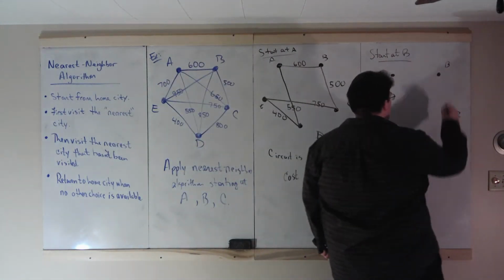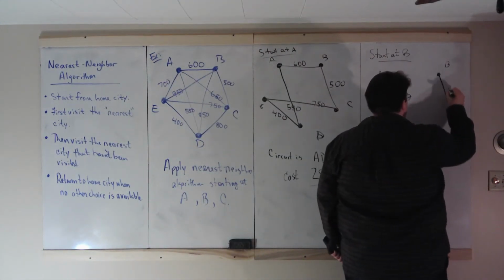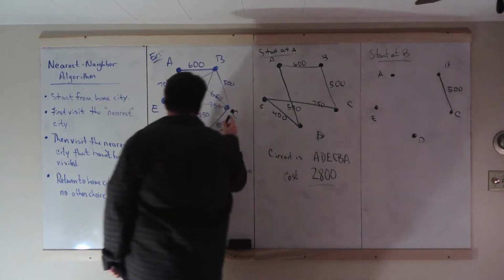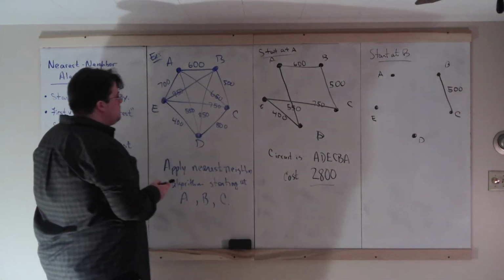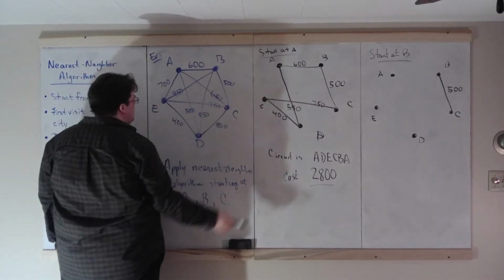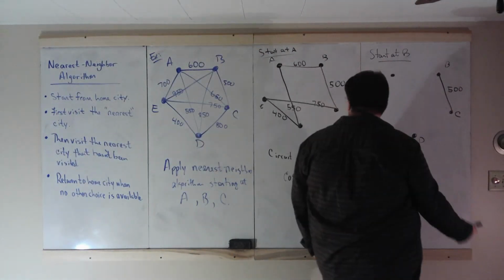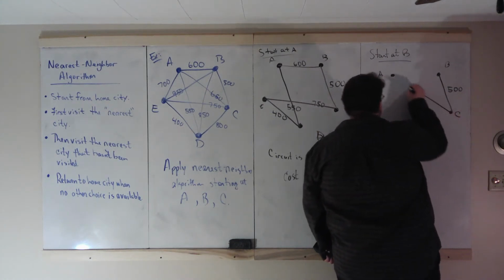Sounds like 500. And then we're at C. Now from C, what's cheapest coming out of C that isn't the one to B? 650, 750, 800. So the smallest is 650, and that brings us up to A.